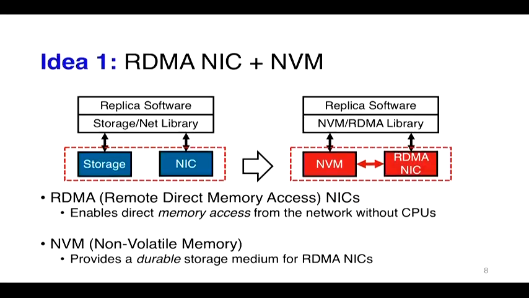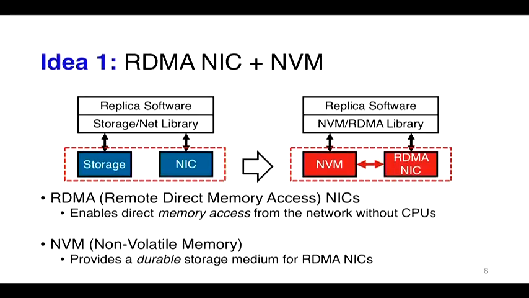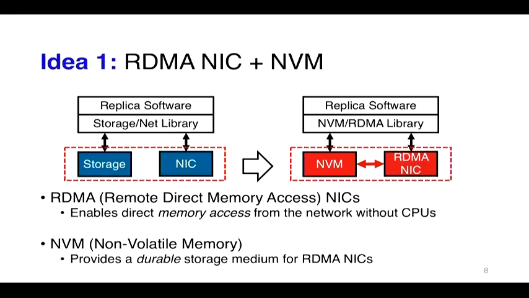Now, NVM or non-volatile memory provides RDMA NICs with durable storage, so the NIC can directly write data to durable remote regions. However, just writing data to NVM via RDMA NIC is not enough for offloading replicated transactional operations from CPUs, as you will see.